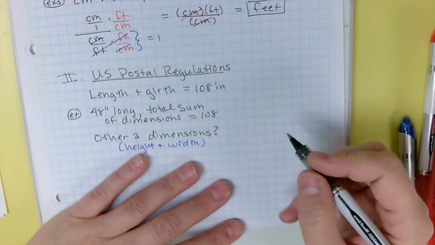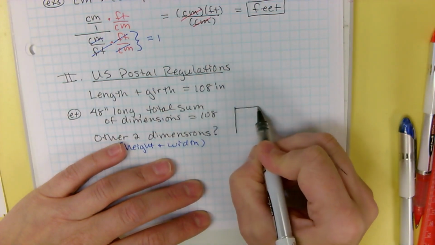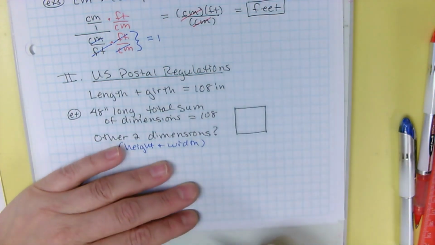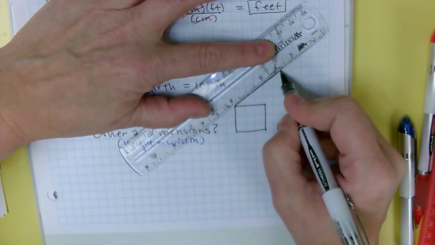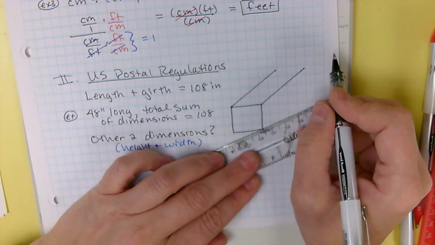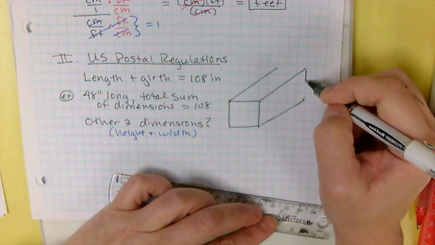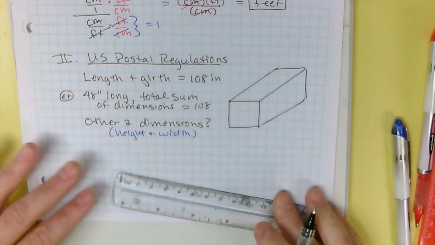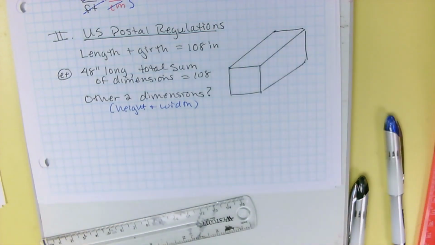Okay, so this is a little artistic for some of you. I want you to draw a rectangular box. You do that by drawing a rectangle, and then you draw the same length of line parallel, three times over, and then connect the backs. That's how you draw a box. In order to do this problem, you've got to know what the post office means by girth.